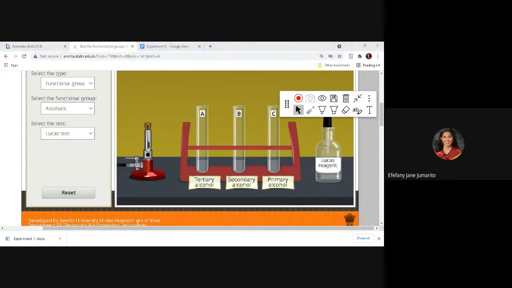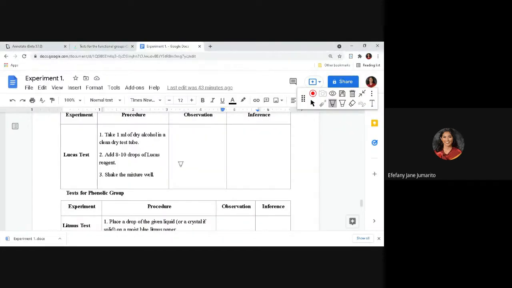Please read procedure 1, Jasmine. Take 1 ml of dry alcohol in a clean dry test tube.